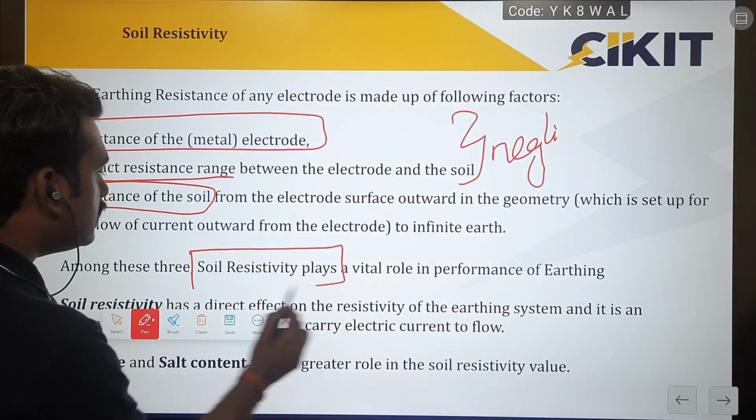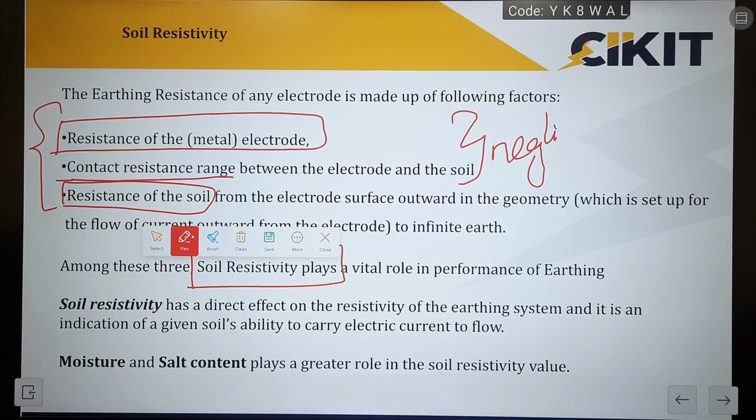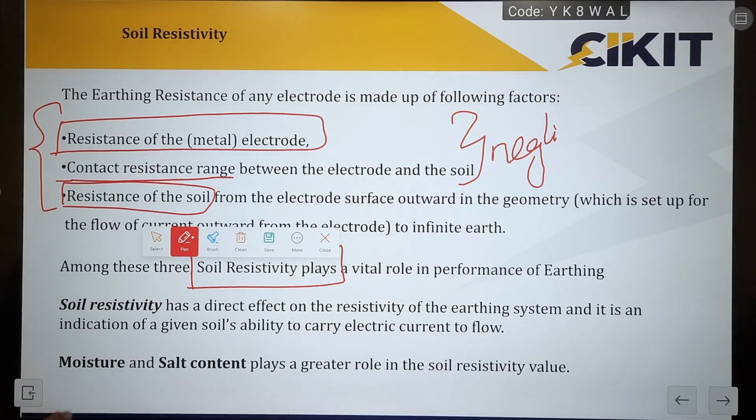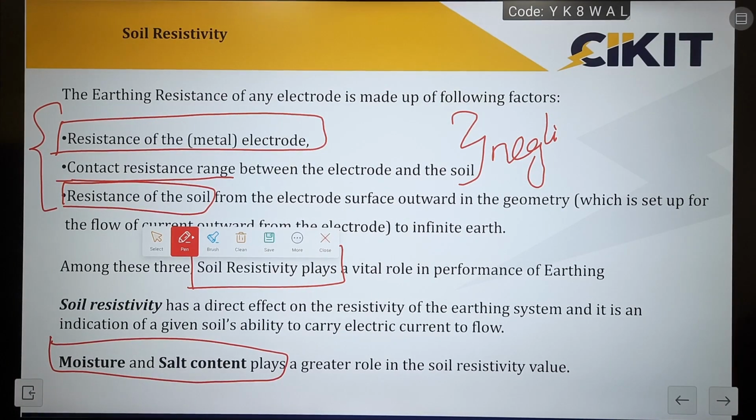So the soil resistivity plays a critical role in the performance of the earthing, and it is not the material. And the soil resistivity depends upon the moisture and salt content in the soil. So if the soil has very good moisture, then the resistivity will be lower. If it is a dry condition, the moisture content will be very much lower.